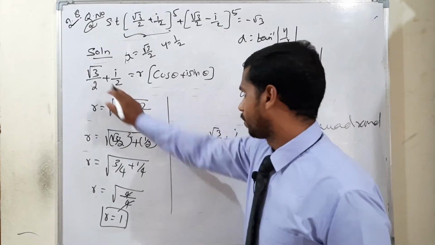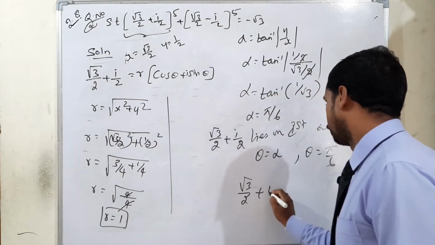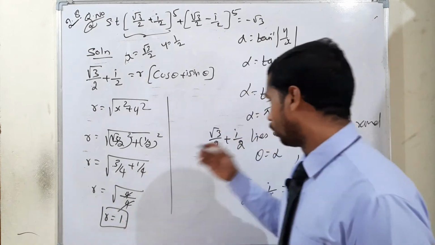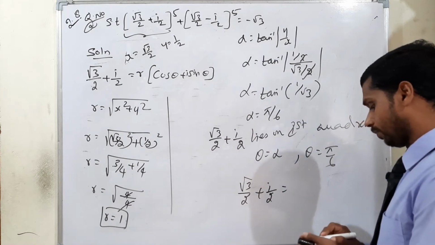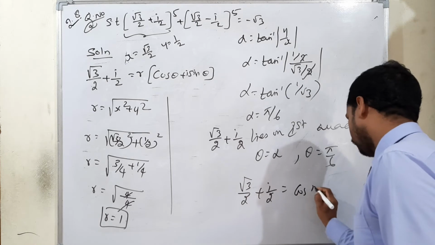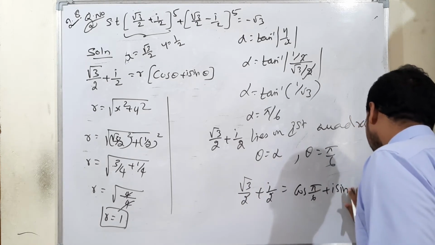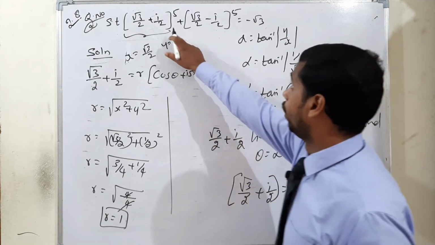So for the first condition, root 3 by 2 plus i by 2 is equal to, the r value we found is 1 so no need to write it, but the theta value is pi by 6. Therefore cos pi by 6 plus i sin pi by 6. But the condition is the first term to the whole power of 5.